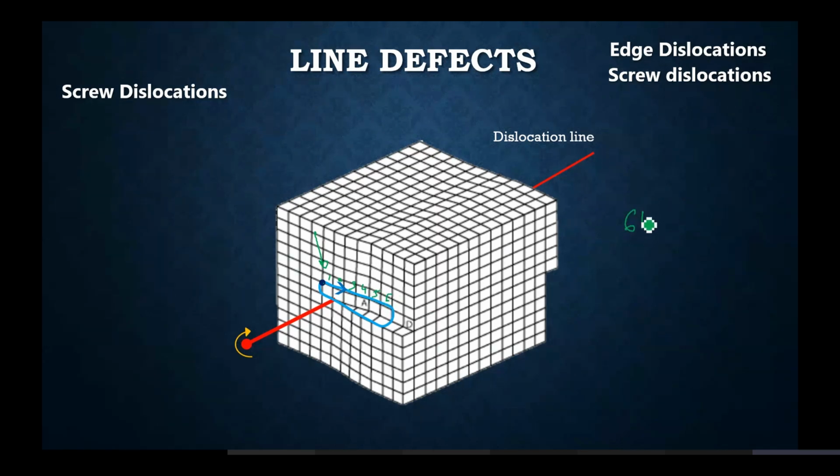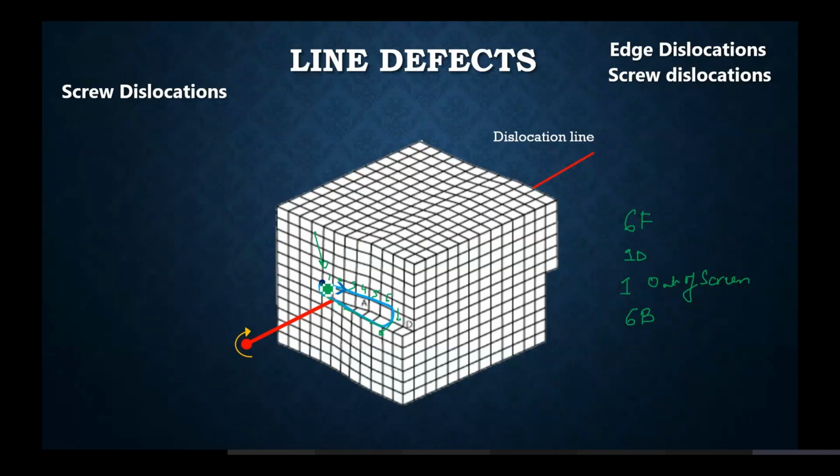So I'm moving 6 steps forward. Then I'm moving one step downwards, and one step in this direction, let's say one step out of the screen. Then again, I'm moving 1, 2, 3, 4, 5, 6 steps backwards.